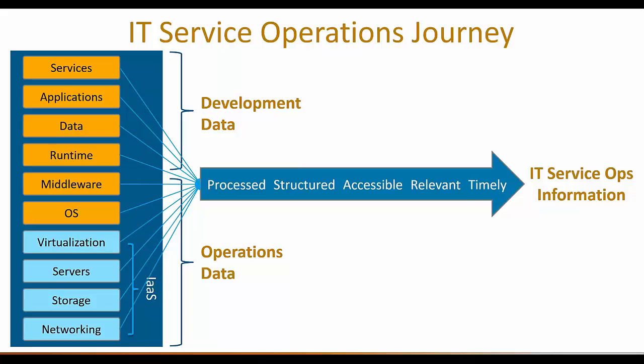As an IT service ops person, you have to take a look at the data, the runtime components, any middleware, certainly your OS, your virtualization, the host that your applications are running on, and finally your storage and networking. That's a complete IT stack for an application, and it's divided into 2 major areas: the development components, and then the operations components.